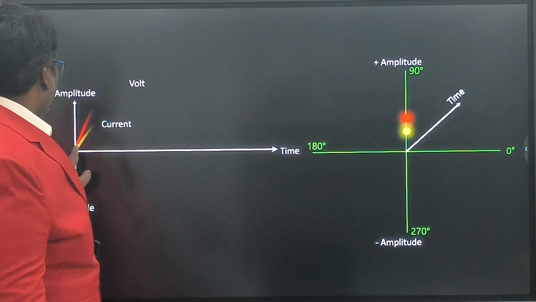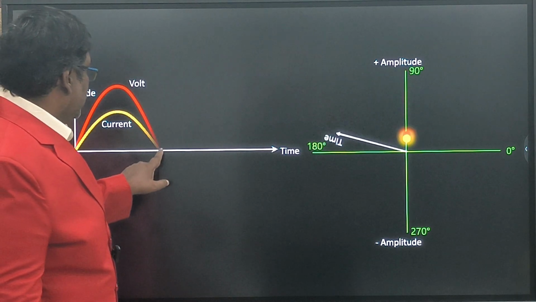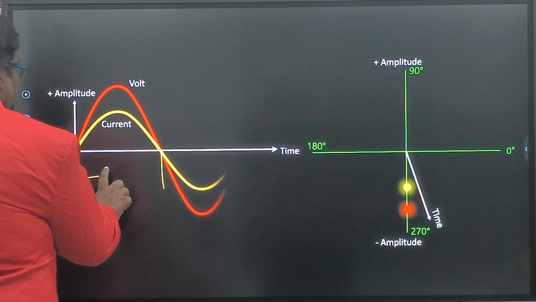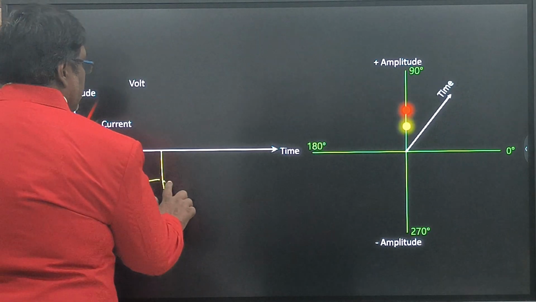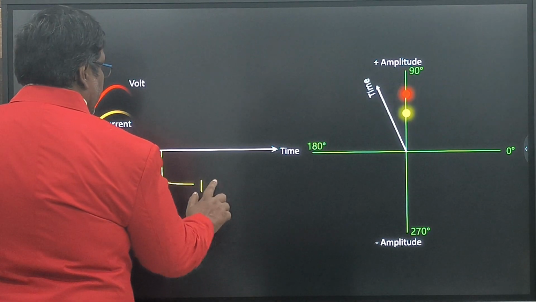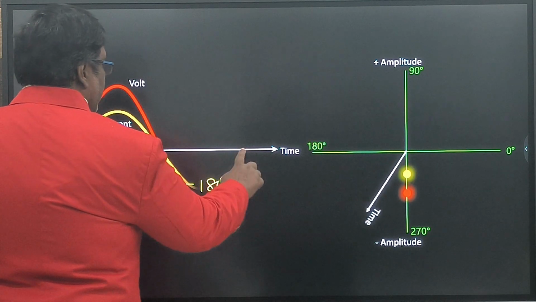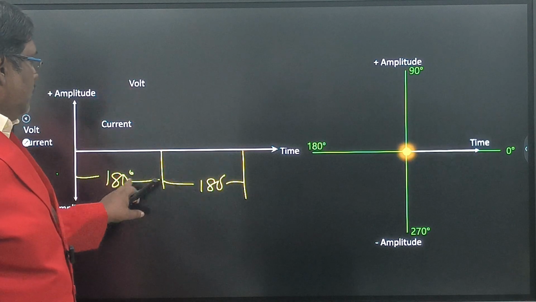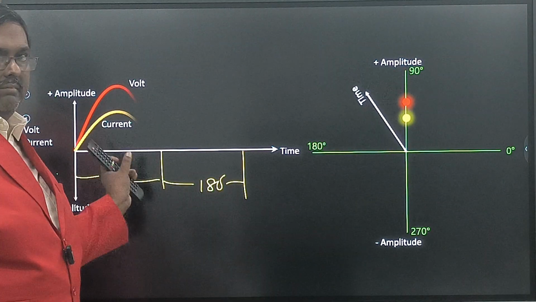You see here, this portion is 180 degree. You understand? This is 180 degree and this portion is 180 degree. So total 360 degree. Again repeating.